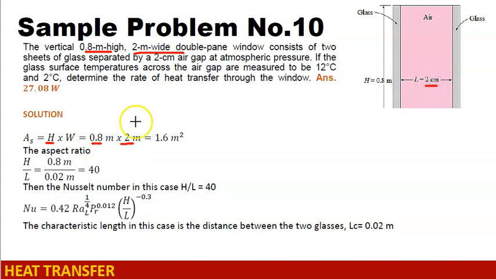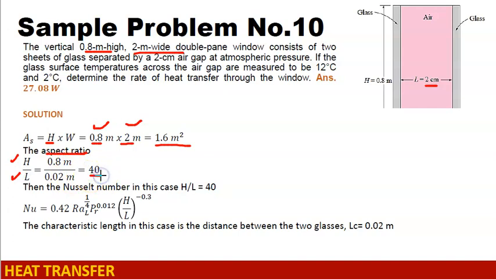This is the view of the window, so the area of the window is 1.6 meter squared. From the aspect ratio, which is the height divided by the gap, 0.8 divided by 0.02 meter, our aspect ratio is 40.